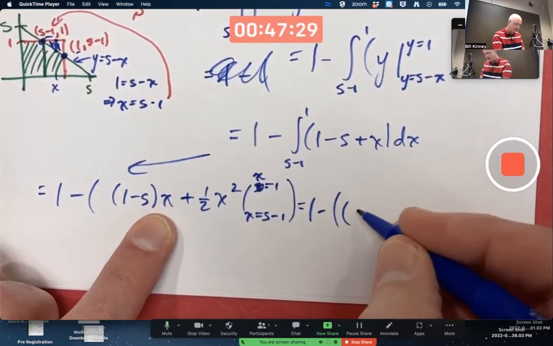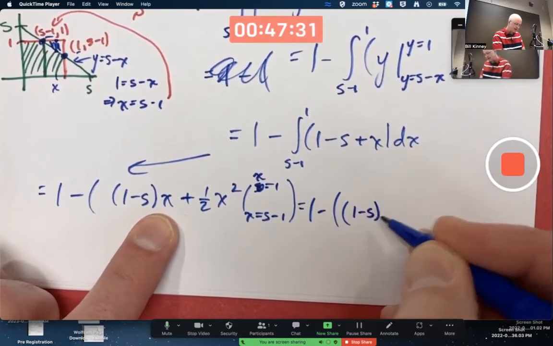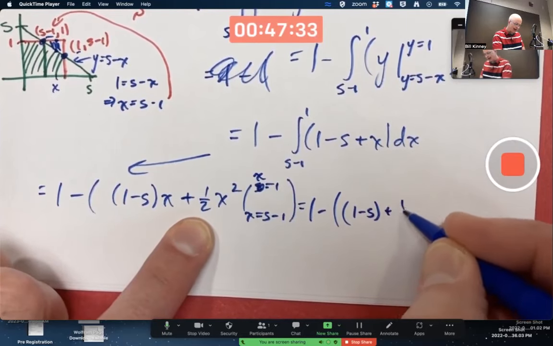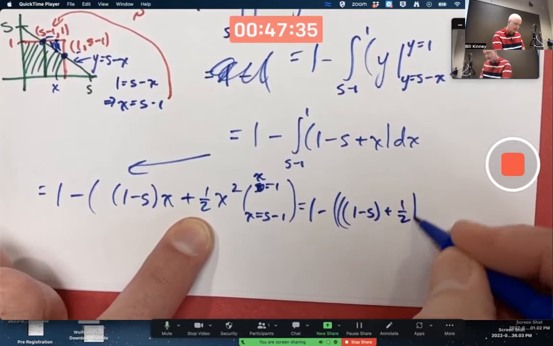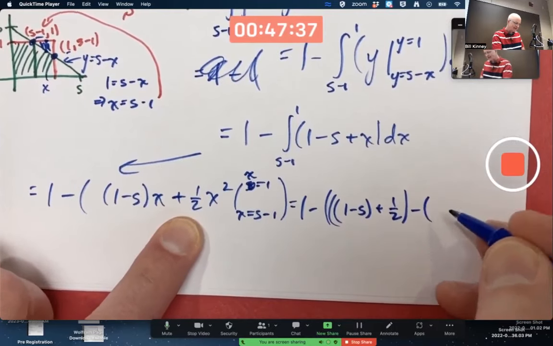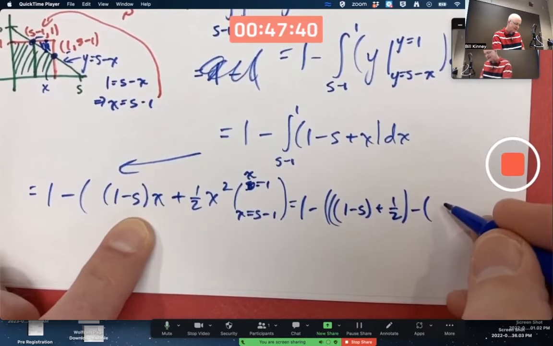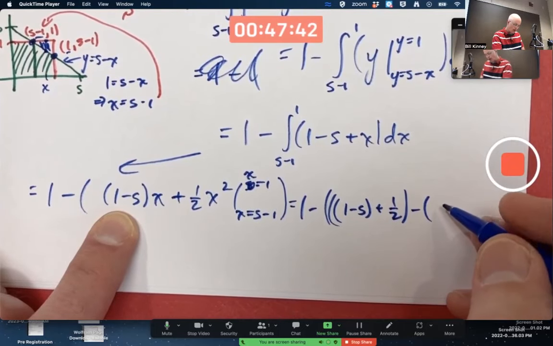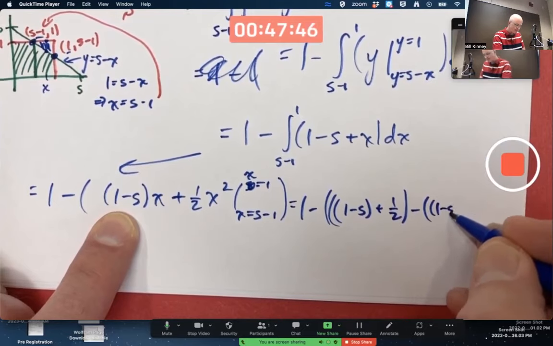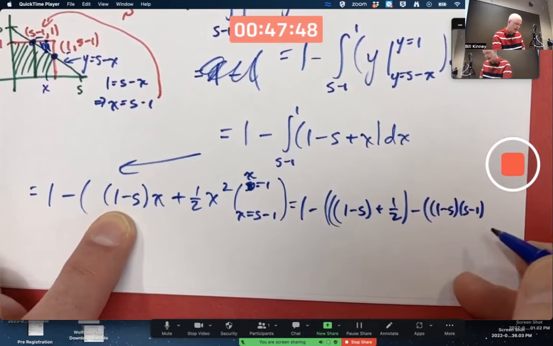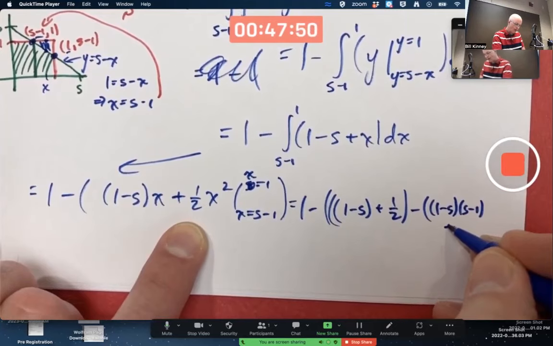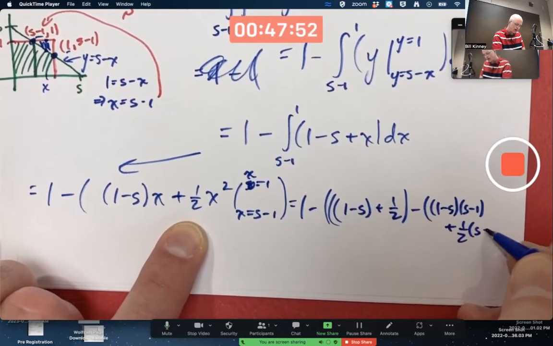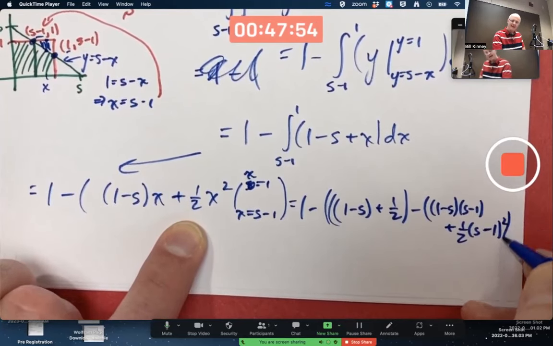X with 1 there, get just 1 minus s. Replace x with 1 there, get 1/2. Subtract 1 minus s times s minus 1. And then add 1/2 s minus 1 squared.